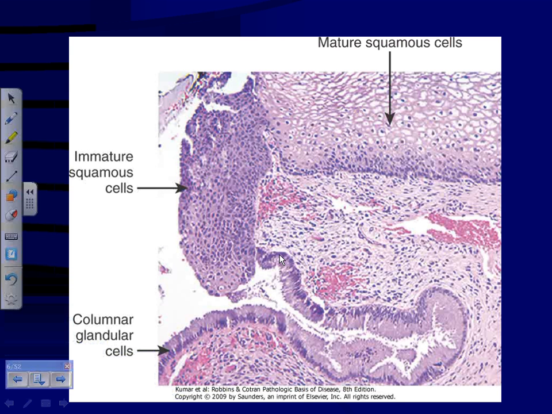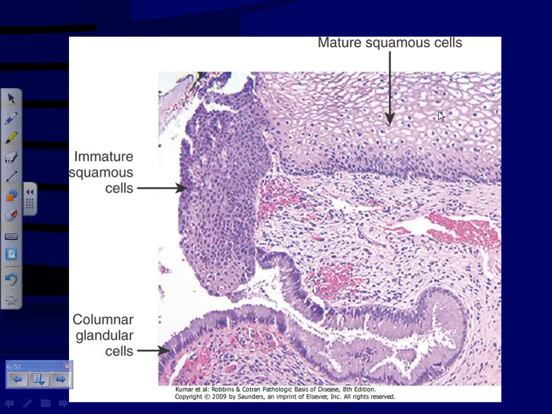Patients who've been exposed to some external stimuli are more often to get this transition, this larger transitional area between the squamous and the glandular epithelium. And the cell type that is seen most commonly in these areas of transition is the immature squamous metaplastic cells. And that's what we're seeing here.